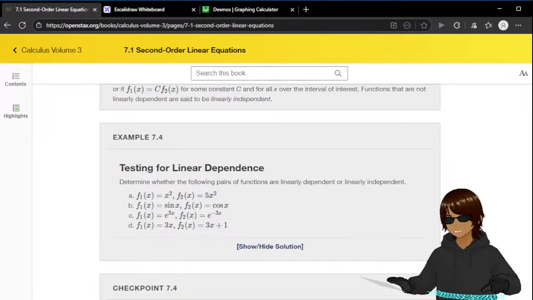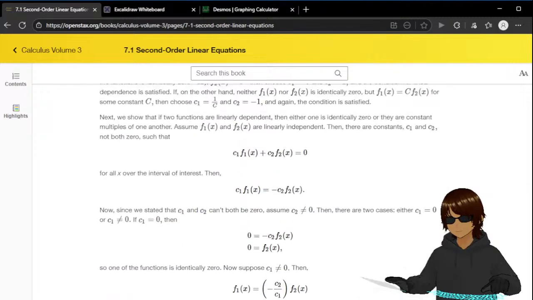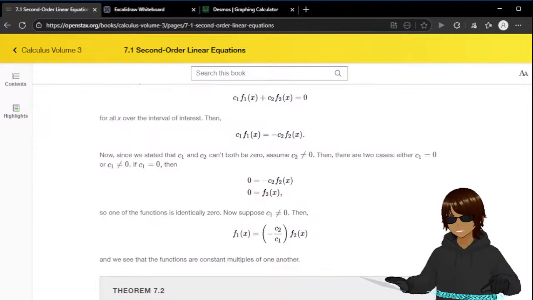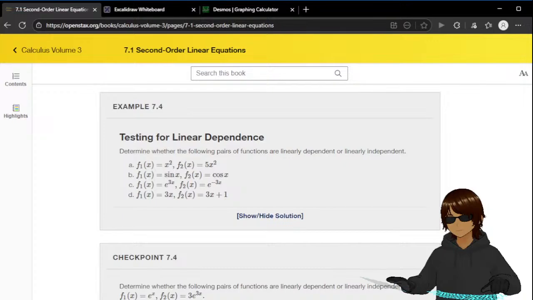If I multiply it with e to the power of minus 6, then I get e to the power of minus 3x, right? So these are independent.